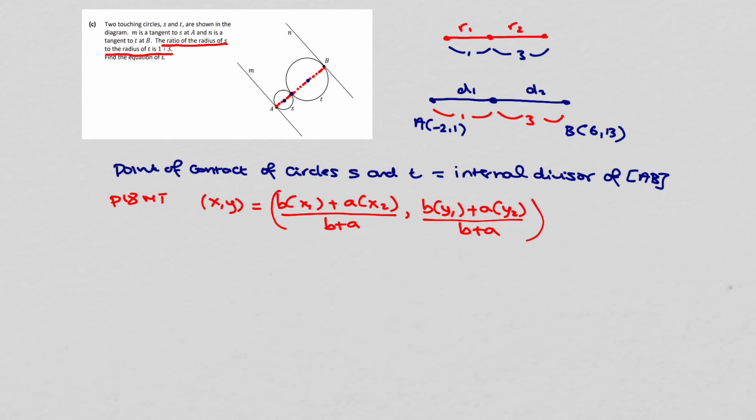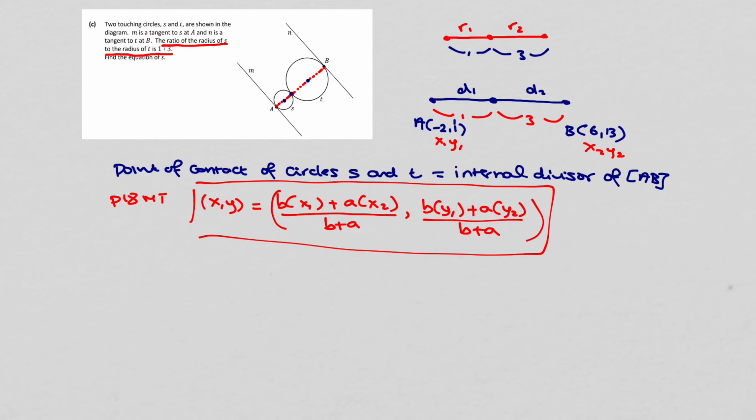And now all we have to do is sub in our values. So in other words, if we're looking at the coordinates here, we have x1, y1, x2, y2, and therefore the ratio 1 must be A and B is 3.